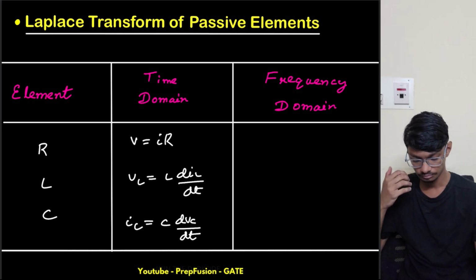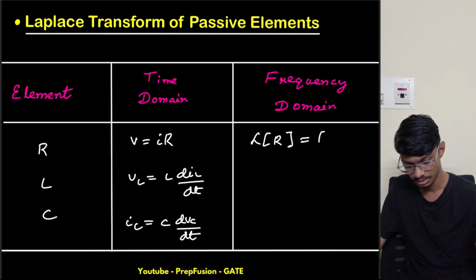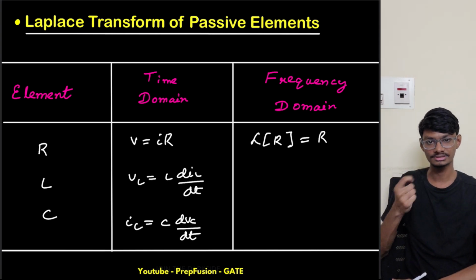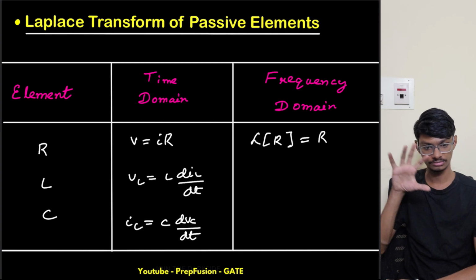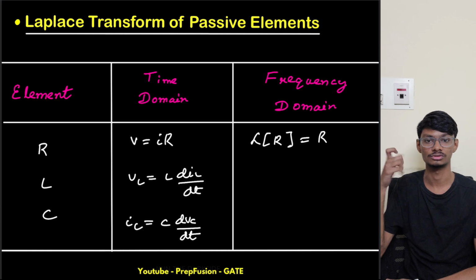What is the Laplace transform of R? It is simply R only, because practically, resistance does not depend on frequency, it remains constant. There is some dependence of resistance on frequency, but that is another thing, known as the concept of AC resistance.